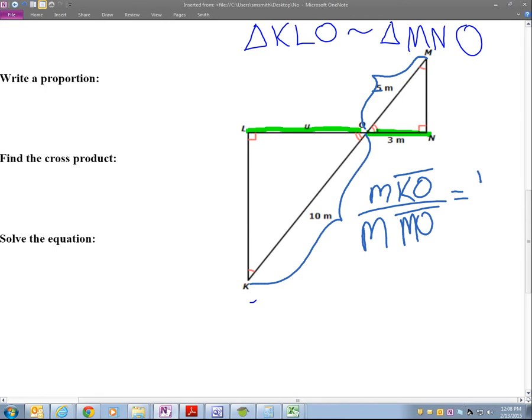Then we have the measure of NO, and you will not have to do what we're doing right now in the homework, by the way, guys. Okay, you will not have to do it like that. This is just for the intro. And the measure of LO, side LO.